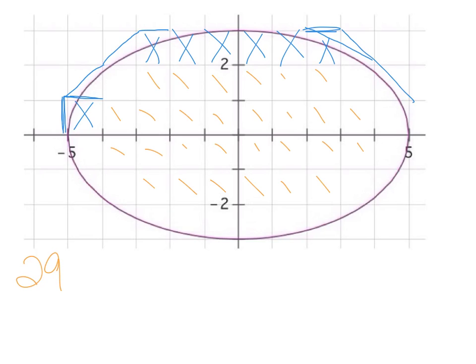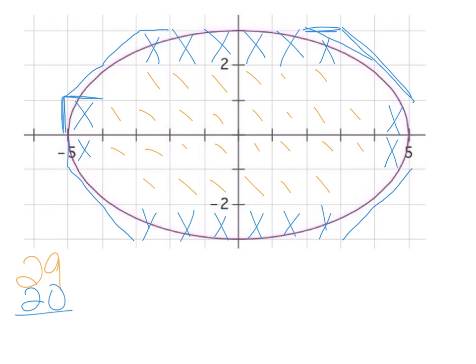You following me? 10, 11, 12, 13, 14, 15, 16, 17, 18, 19, 20. I'm going to add 20 blues. I'm at 49 cans of paint.